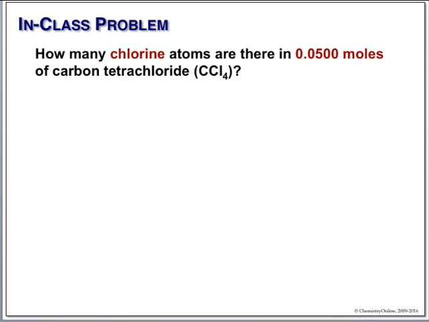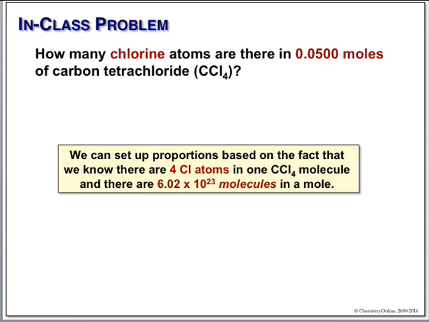Carbon tetrachloride. It's a molecular compound, so we have a multiplier. It's CCl4. I tell you we have 0.05 moles. How many chlorine atoms do we have in 0.05 moles? Try to sit back and set up your ratios.